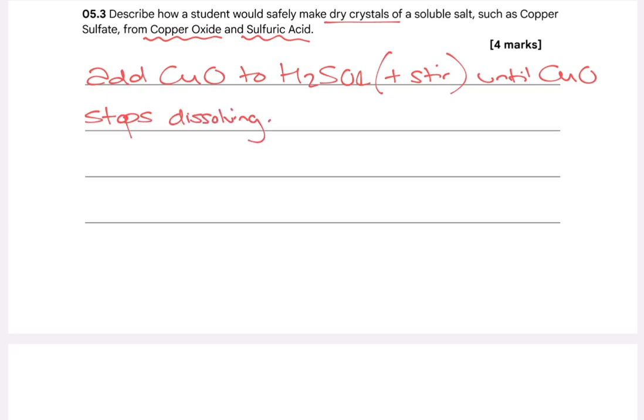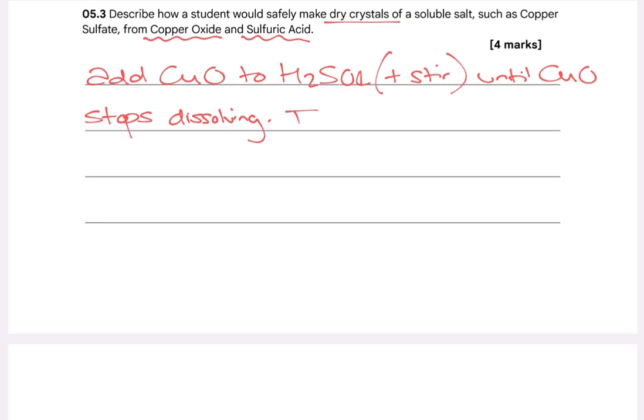When we know it's in excess, we know that we've therefore reacted all of the sulfuric acid, because as the copper oxide reacts, it appears to dissolve, and so once it stops dissolving, we can have a good assumption, a good guess that all the sulfuric acid has gone. Once that copper oxide stops dissolving, we'll be left with a solid.